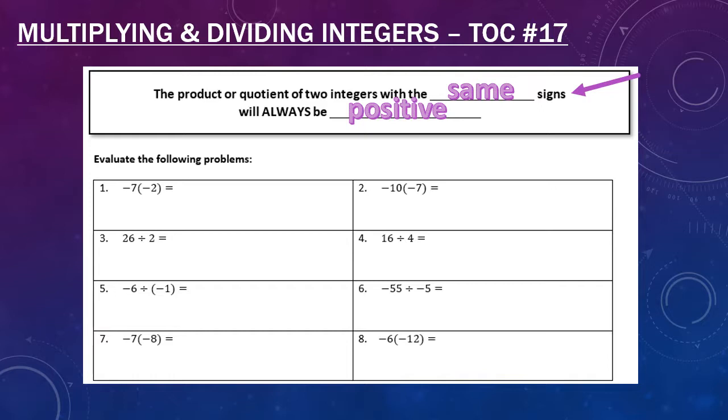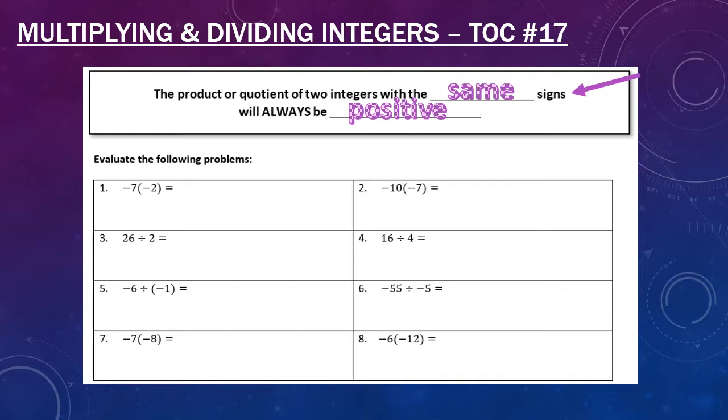So if you look at number 1, a -7 times a -2. Now look at number 1 carefully because this is how we write multiplication sometimes. We don't always use the X. We don't always use the dot. Sometimes they will write multiplication using parentheses and putting the number right outside or right next to the parentheses.